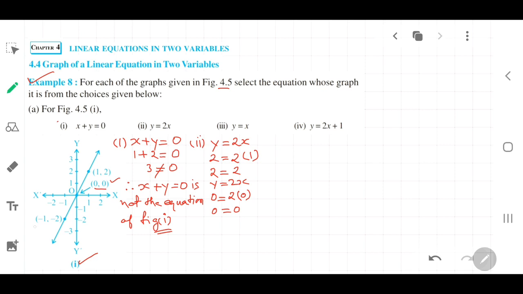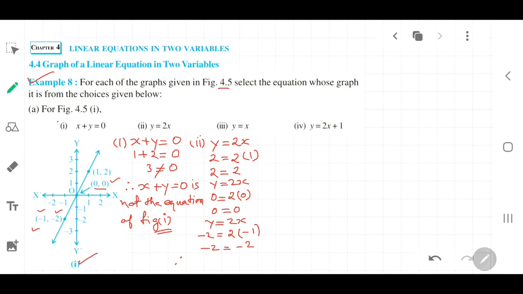That is the third one, minus 1 and minus 2. Again just you use the equation y is equal to twice x. So what is y? That is minus 2. So you write here minus 2. Then twice into x. What is the value of x here? Minus 1. So you write here minus 1. And solve. 2 into minus 1, you will get minus 2. So in this case also we found that left hand side is equal to right hand side.